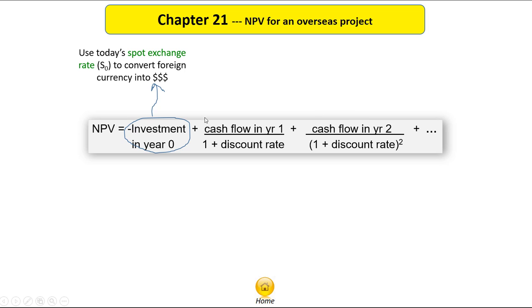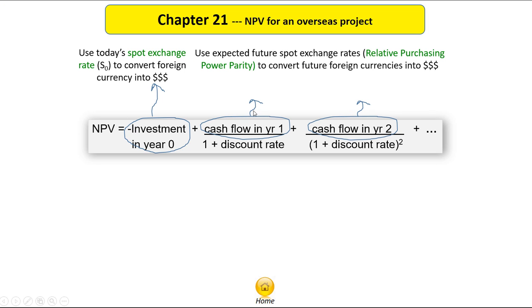We can also do the same conversion for all future cash flows, but we need to calculate the future exchange rates first. Well, the best we can do is estimate what they're probably going to be. So we use expected future spot exchange rates, and we are using the formula called the relative purchasing power parity to convert future foreign currencies into dollars.